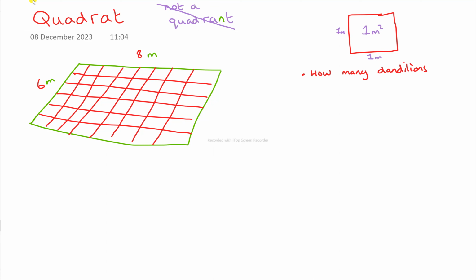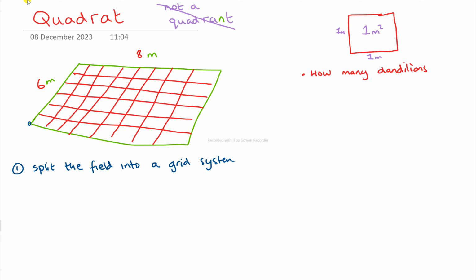So let's do it in steps. The first thing I'm going to do is split the field or area I'm interested in into a grid system like I've done up there.